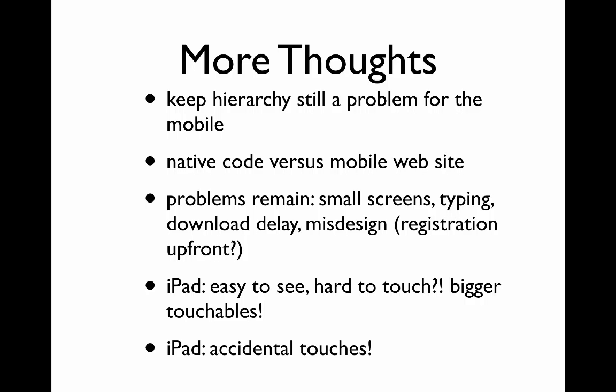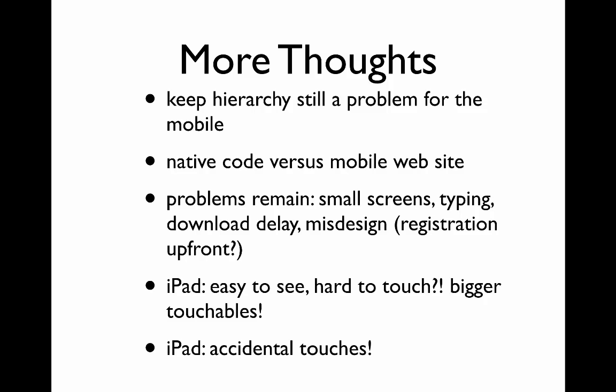Well, there are pros and cons. With the mobile website, it's certainly portable across different types of devices. Whereas native code involves higher cost of development. You need an iPhone version, you need an Android version, and so on. But you might be able to exploit some native code features if you use the native app approach.